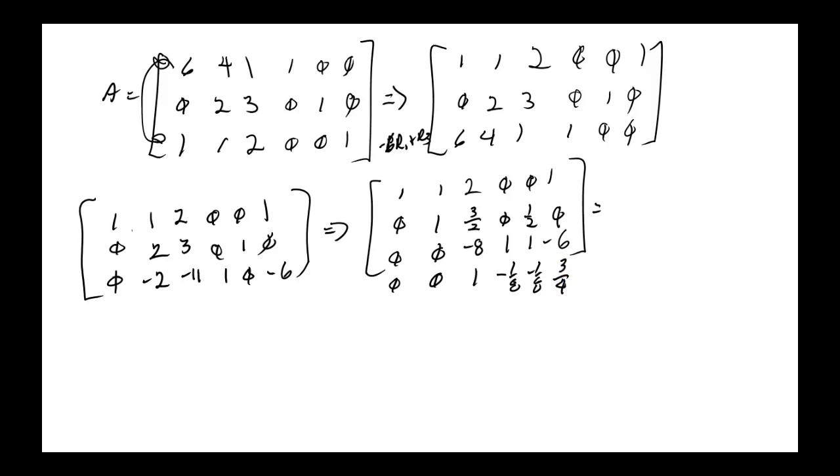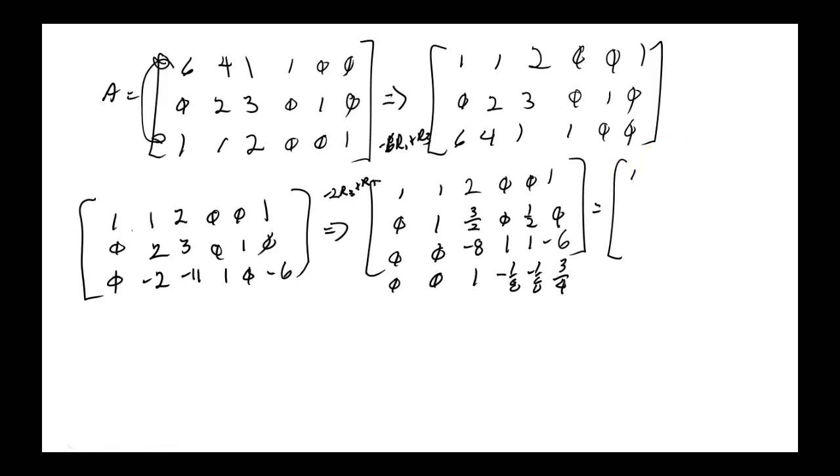Okay. Now I'm going to take that and multiply for the top minus 2 times row 3 plus row 1. Okay. So that will be a 1. Oh, wait. I'm sorry.